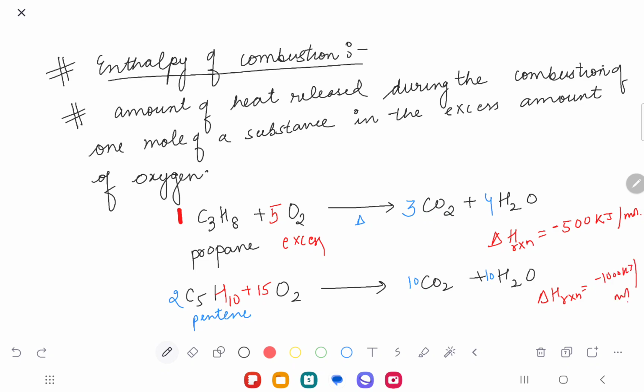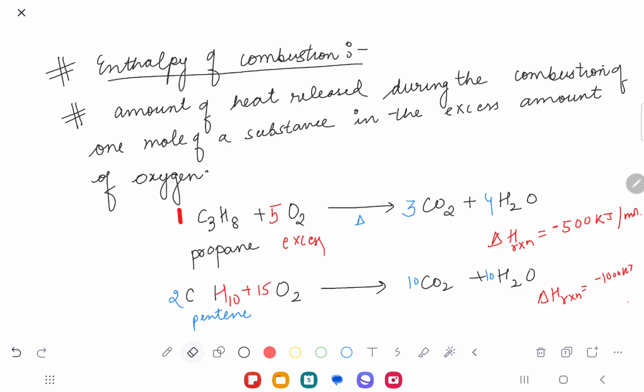Let's suppose this. Obviously, if they're giving this particular reaction, heat is being released. But I hope you understand that 2 times C5H10 is pentene, and with O2, this reaction is showing the combustion of 2 moles of pentene. So what do you understand would happen?